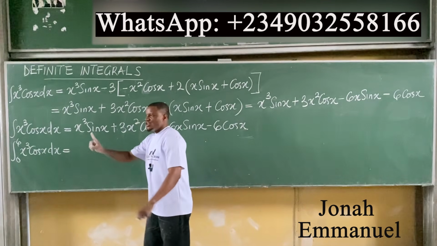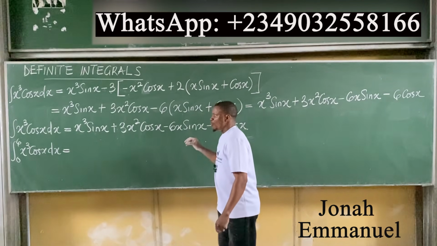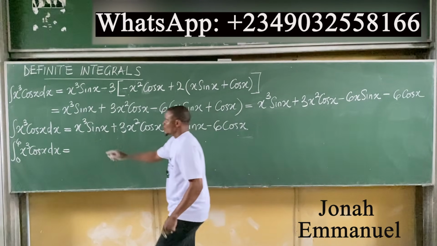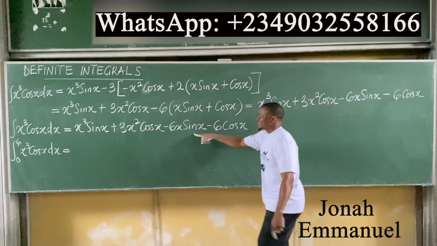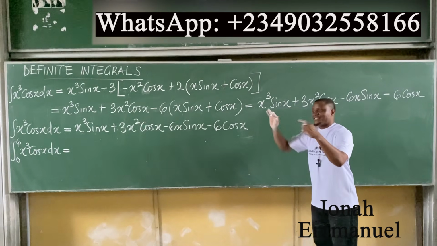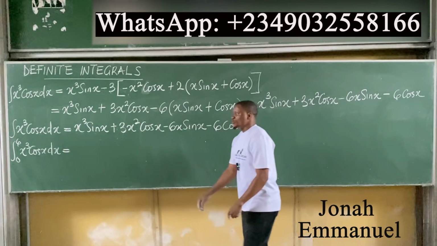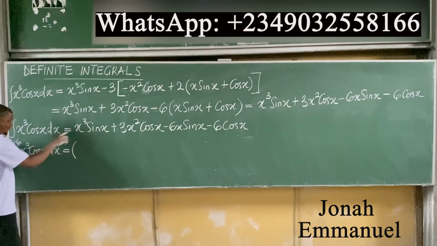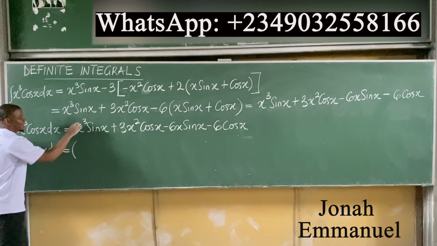The upper limit, 6. Repeat this. Wherever I see x, I'll put what there? What do I mean? We'll take all of this. Wherever I see x, put the upper limit, 6. This becomes what there? Upper limit 6. So what do you have here?